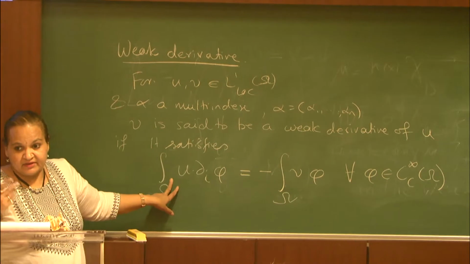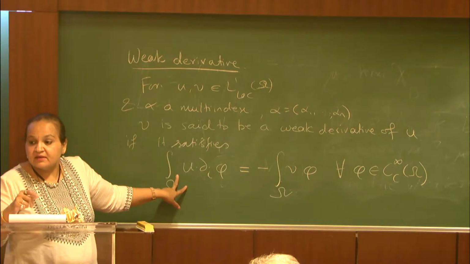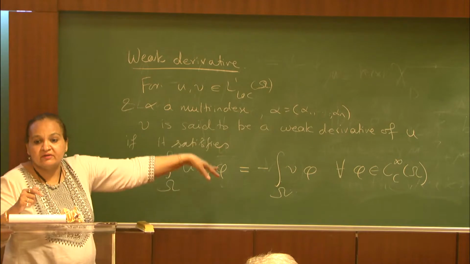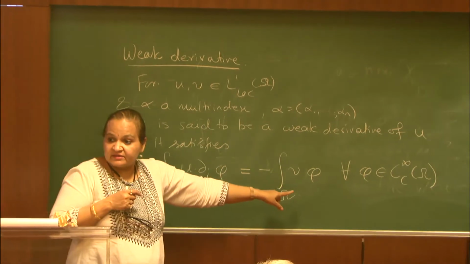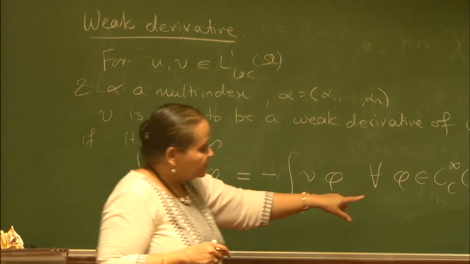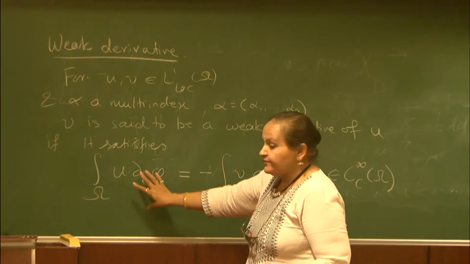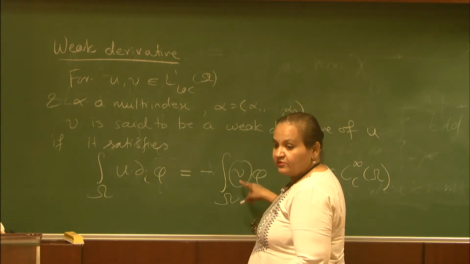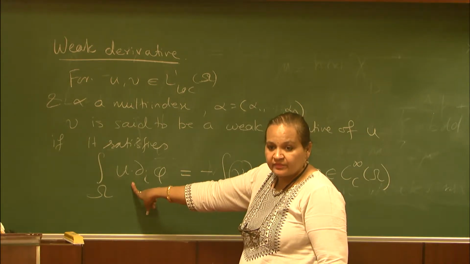I know maybe it is not differentiable in our usual sense. So I will multiply it by phi and push the derivative which I want to do on u onto phi. And if I can find a function v in the space which we require such that this quantity is equal to this, then v is the weak derivative of u.